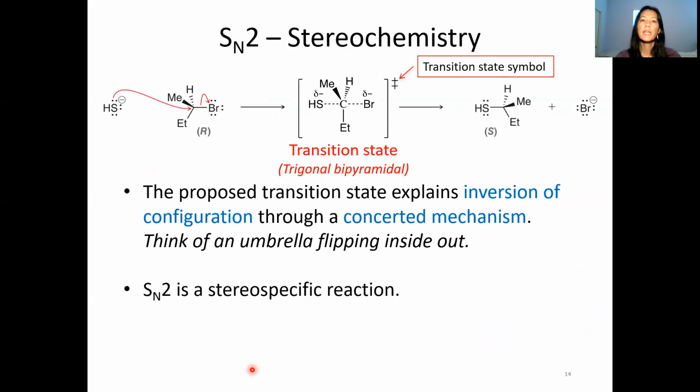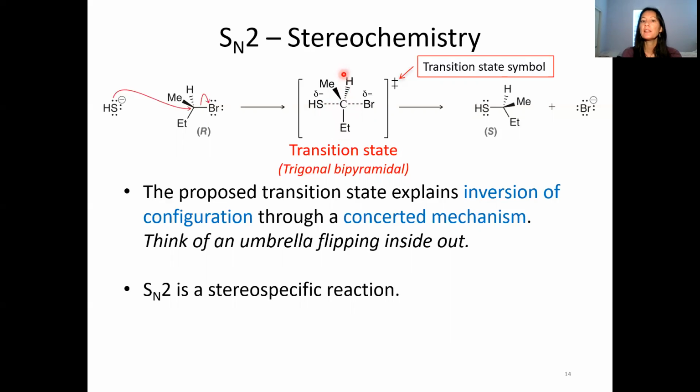Okay, what will really help you envision how the stereochemistry is created is this transition state. Backside attack goes through this transition state. So you should be able to draw this. You're starting to break the carbon halide bond, dash, dash, dash. And you're starting to form the sulfur carbon bond, dash, dash, dash.